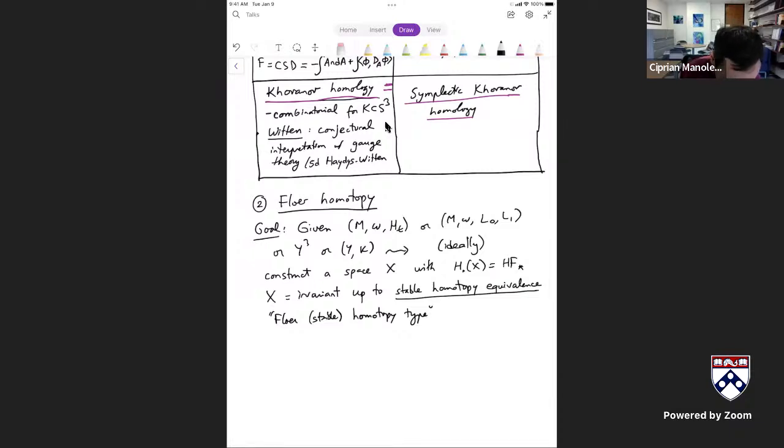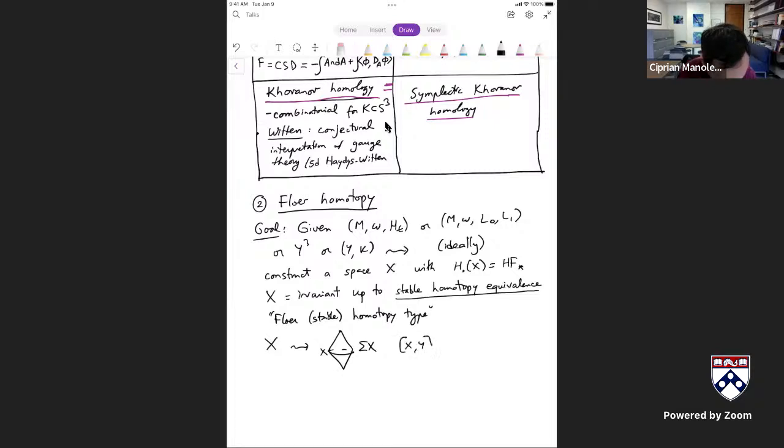So what is stable homotopy equivalence? It's homotopy equivalence up to suspension. If I have a space X, I can take its suspension, sigma X, by adding cones on X from two sides.